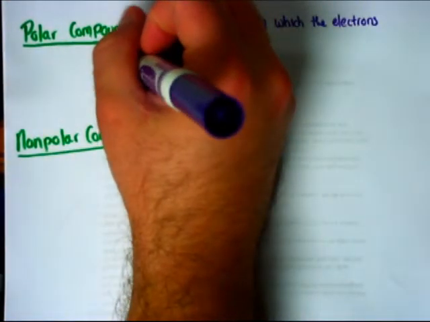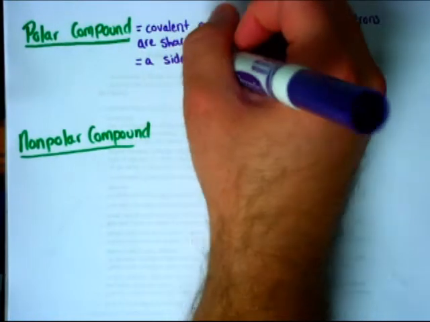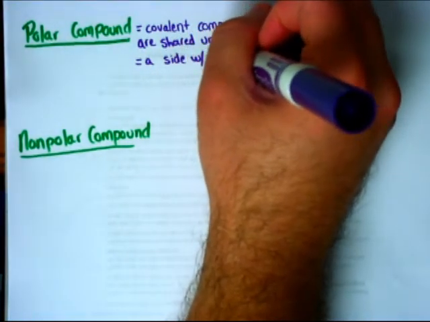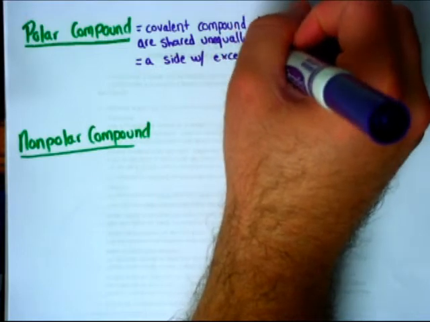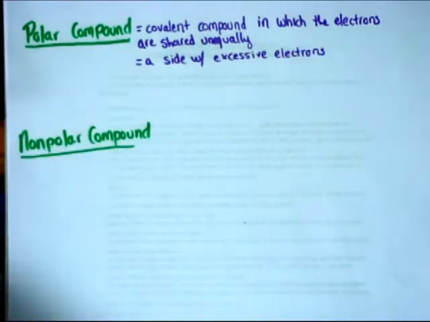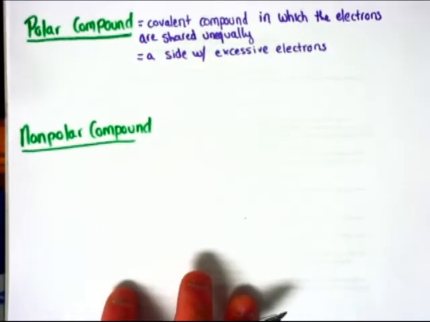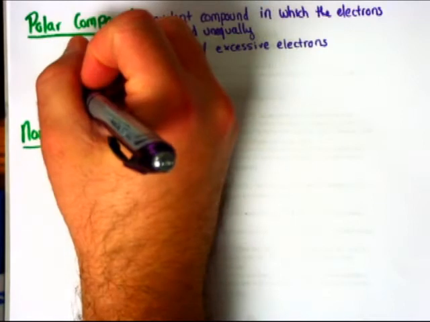In other words, there is a side with excessive electrons. I'm going to give you some examples. I'll let you write these down.